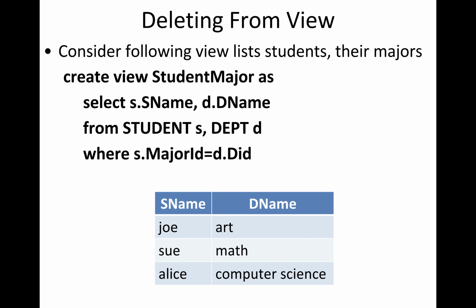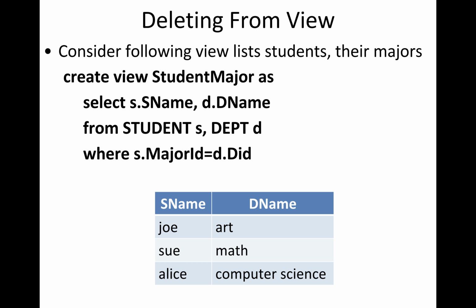So let's consider this view where we're joining two tables. We're joining the student table with the department table where the major ID matches the department ID. It's a convenient view that somebody wanted in order to bring together data for both the student and the department, and we gave it a convenient name, student major view.